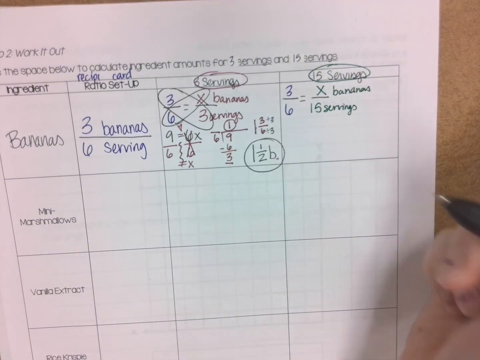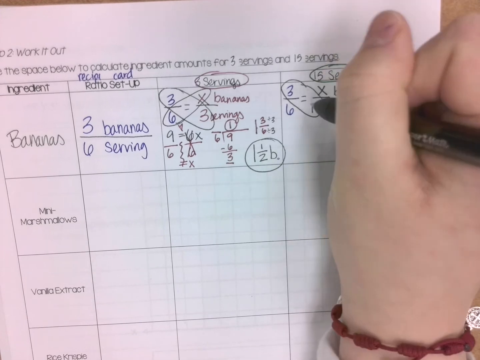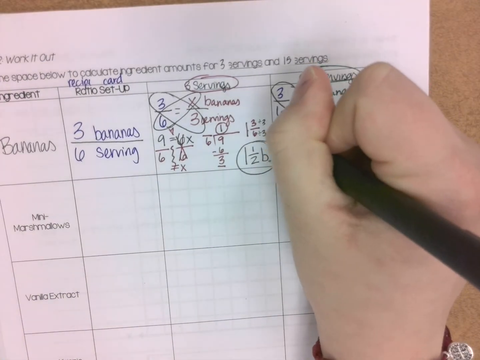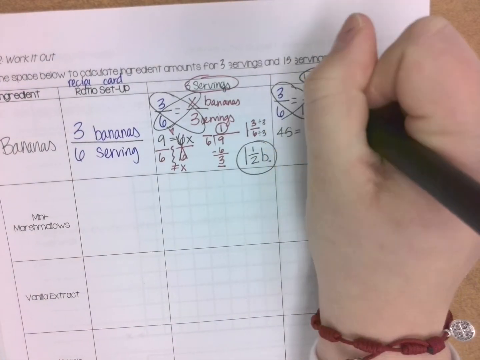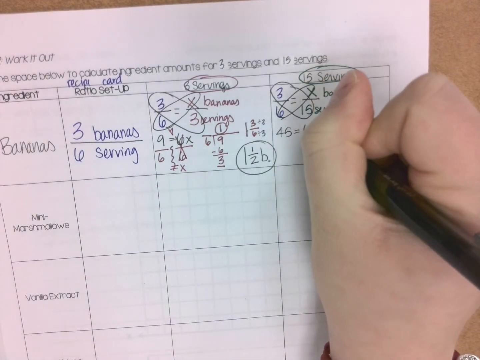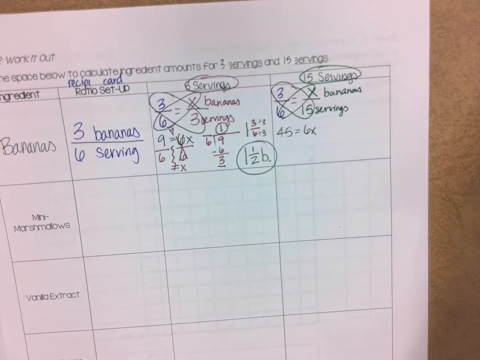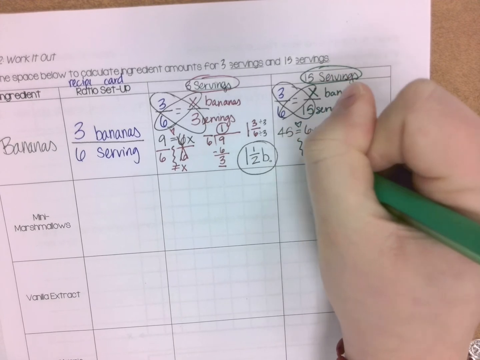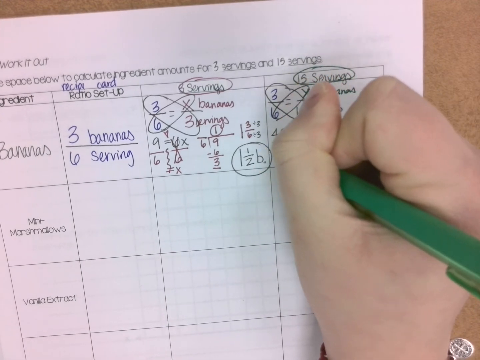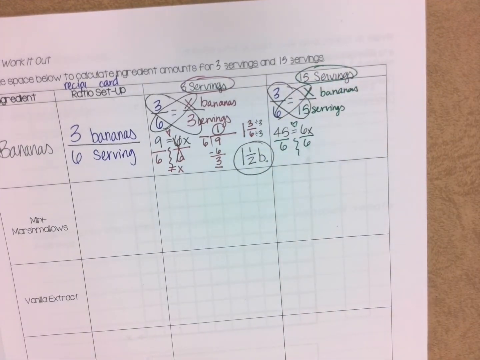So again, I'm going to cross multiply. 3 times 15 is 45. 6 times x, that's 6x. Do my river of love. Divide both sides by 6.